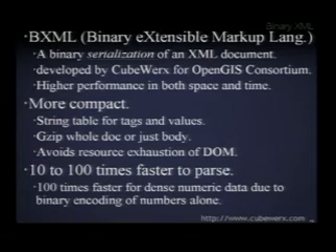It's got lower performance impact both in space and time. It's very compact in that it uses string tables to store all the element names, tag names, and attribute names. So it's compact because of that, and it can be 10 to 100 times faster to parse, in part because it can store binary data.